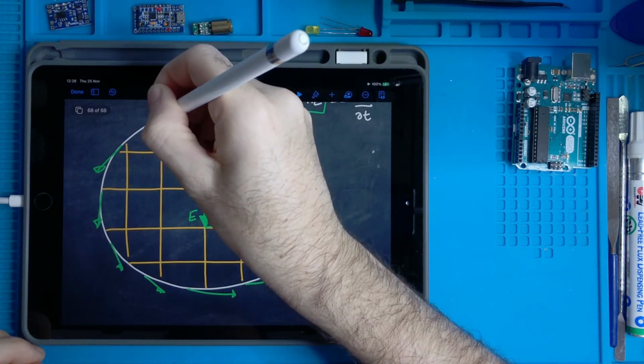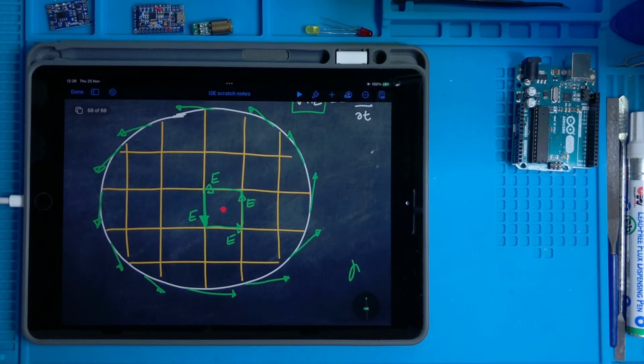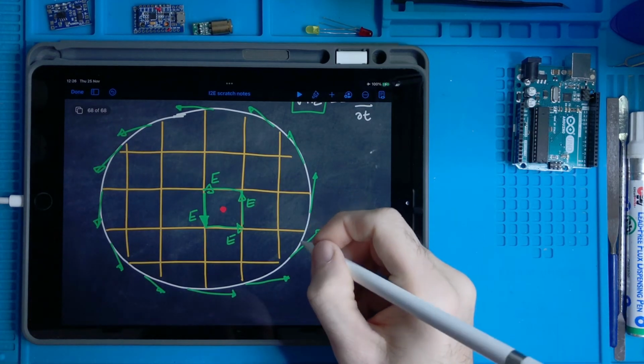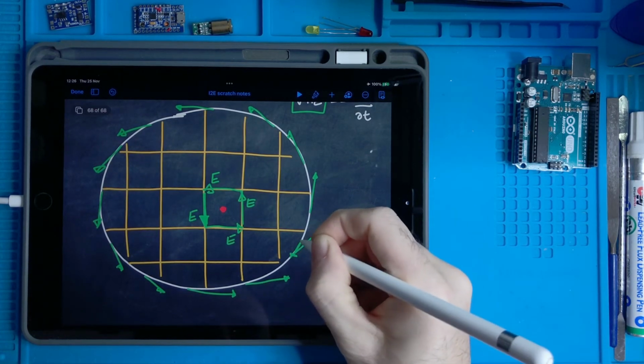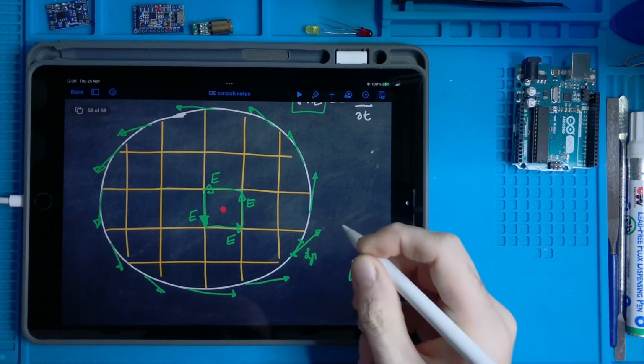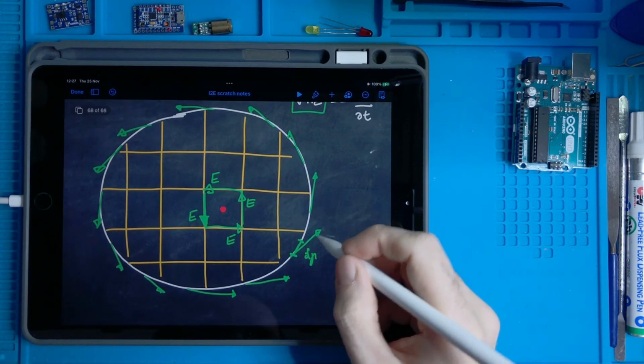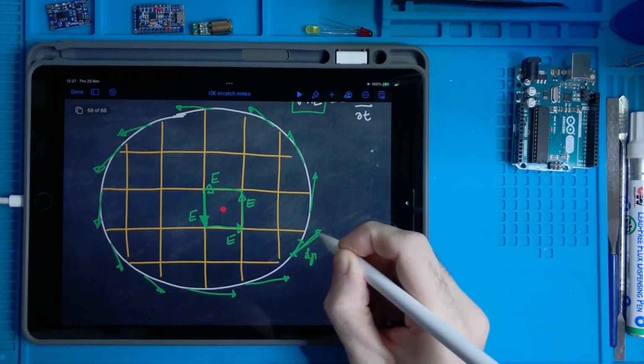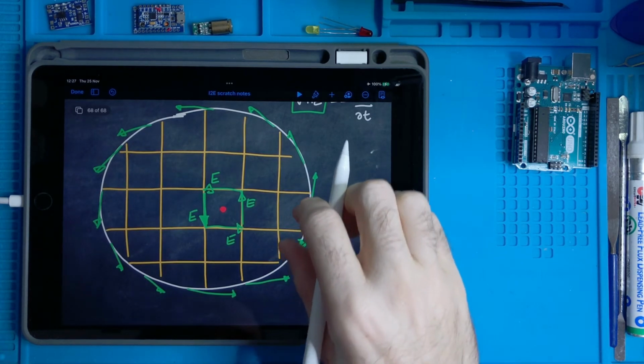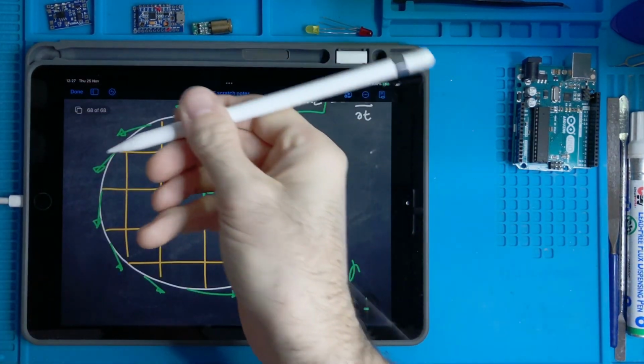Gamma is the name of the path. So the path gamma is made of little pieces delta gamma, and we have to calculate the product of the electric field by delta gamma and summate it on every delta gamma.